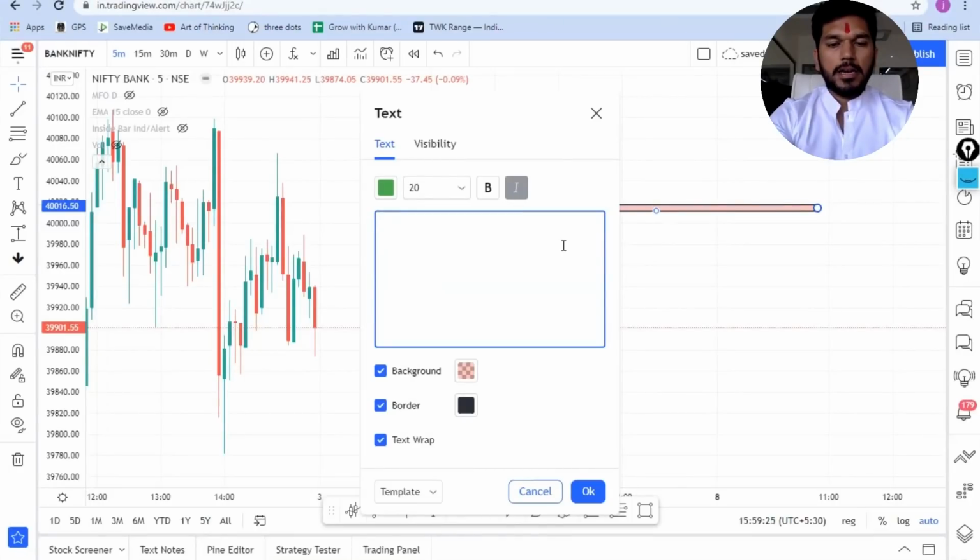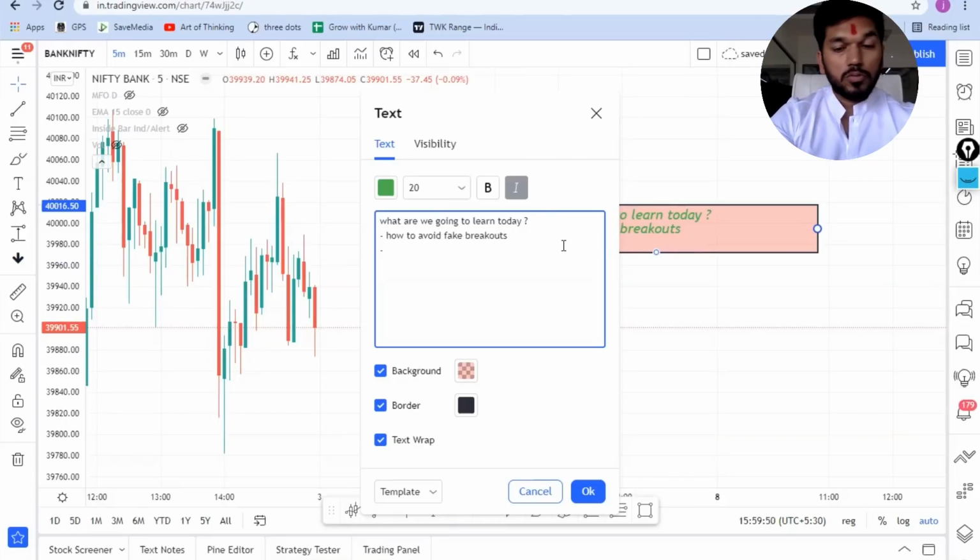So guys, today let us get started with our understanding of the market and obviously a new learning as well. So let us get started, guys. First of all, let us know what are we going to learn today, right? First thing is how to avoid fake breakouts. Second, how to trade or how to profit from these fake breakouts.